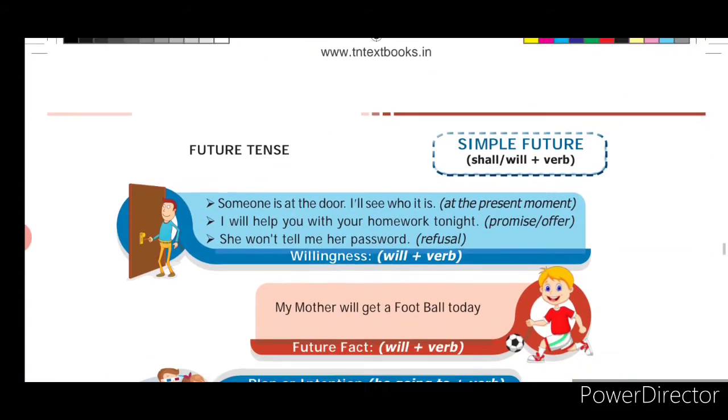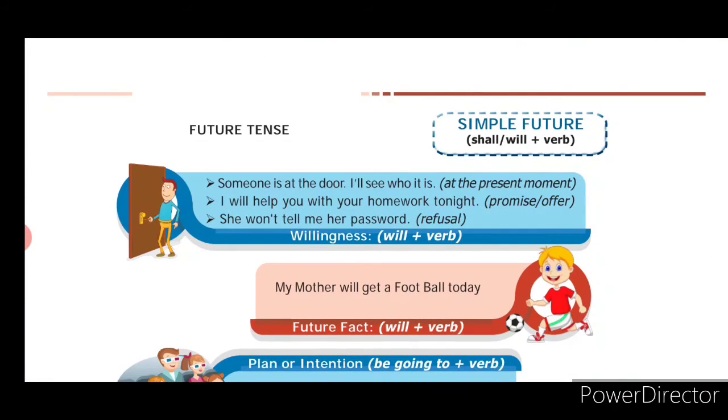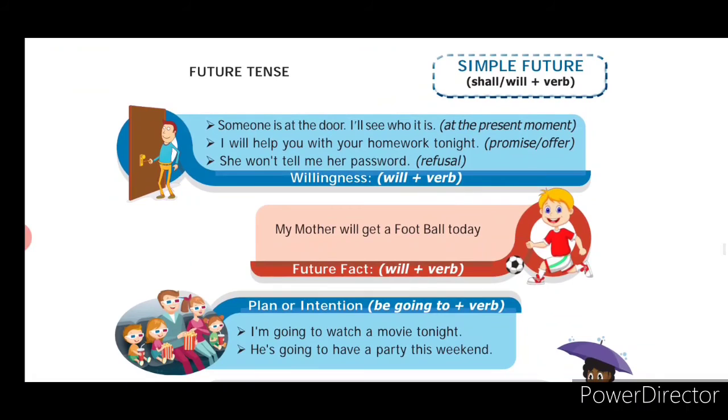Okay, so now let us discuss future tense. You all know that for the future we use shall and will. The structure of simple future tense is subject plus shall or will plus verb. Now let me tell you where we use will.